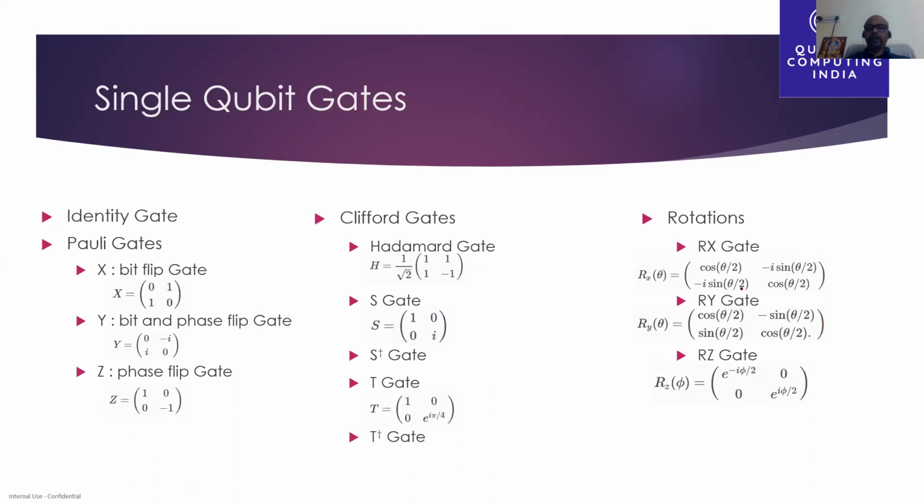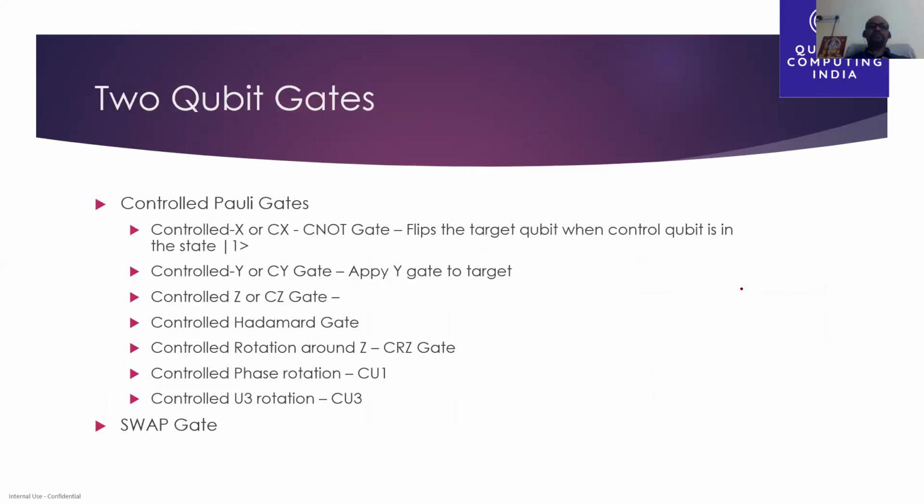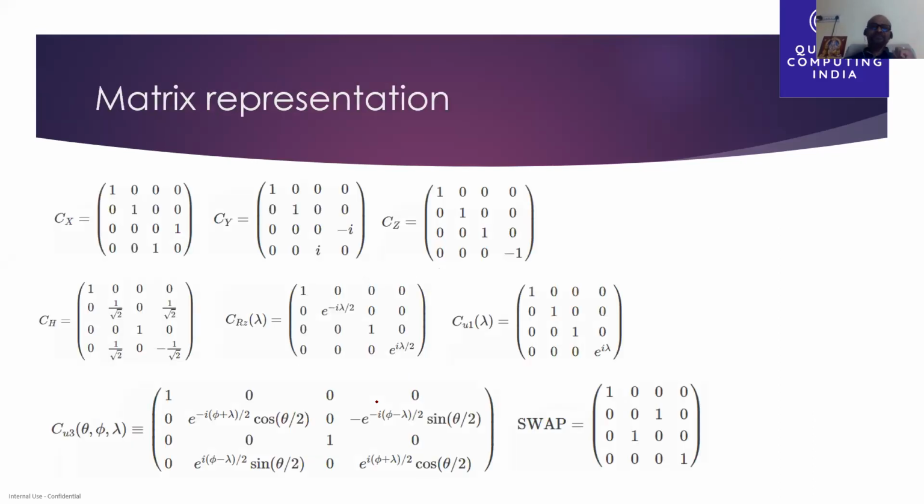Okay, and we have 2 qubit operations which are called controlled Pauli gates: CCX, CY, CZ, CX, or CH, CRZ, CU1, CU3. I will show you the actual matrices for these operations. Then either you will understand or you will get more confused. Stay with me, I will try to explain.